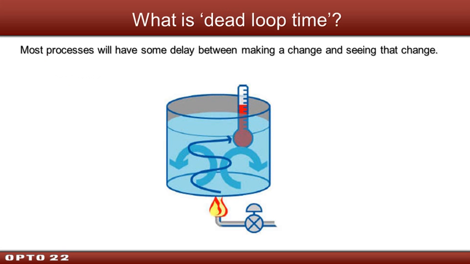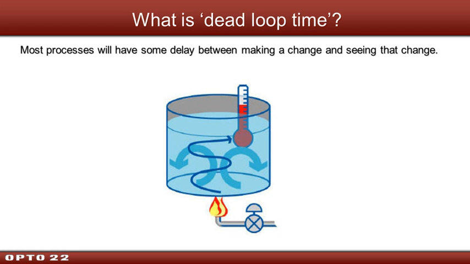So let's look at what this dead loop time is. What is dead loop time? Most processes will have some sort of delay between making a change and seeing the result of that change. If we look at the illustration on your screen here, we've got a gas valve and we're opening a burner, and as we open the burner we're going to put more heat into the bottom of the vessel, and obviously it's going to take some time for that heat to propagate through the vessel to our temperature sensor located about a third of the way from the top.